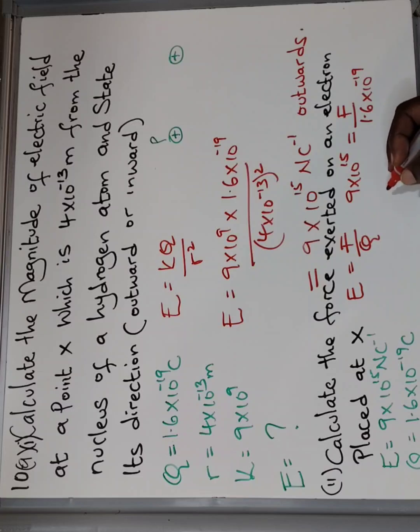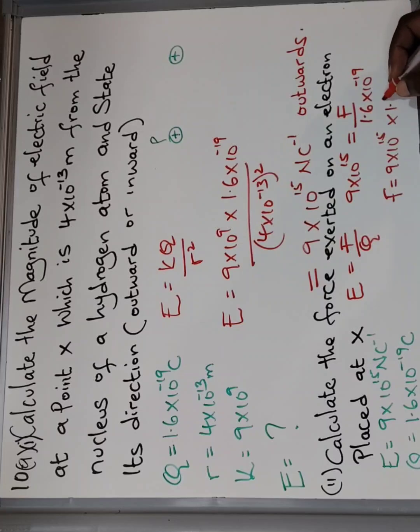So your F is going to be 9 times 10 power 15 times 1.6 times 10 power minus 19. What you get out of that is the magnitude of the force.